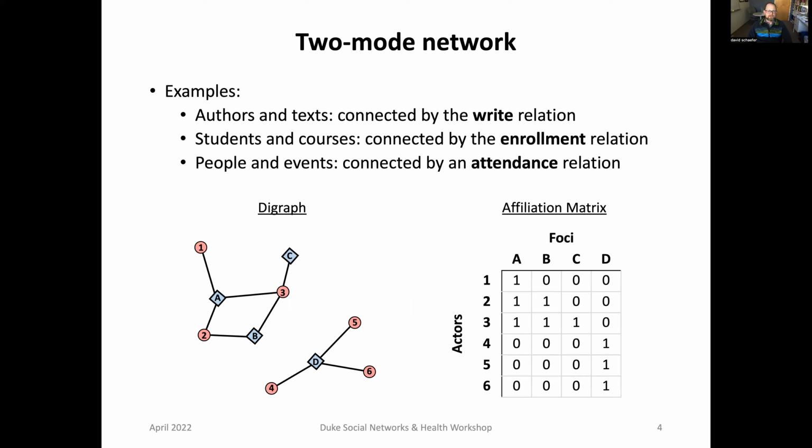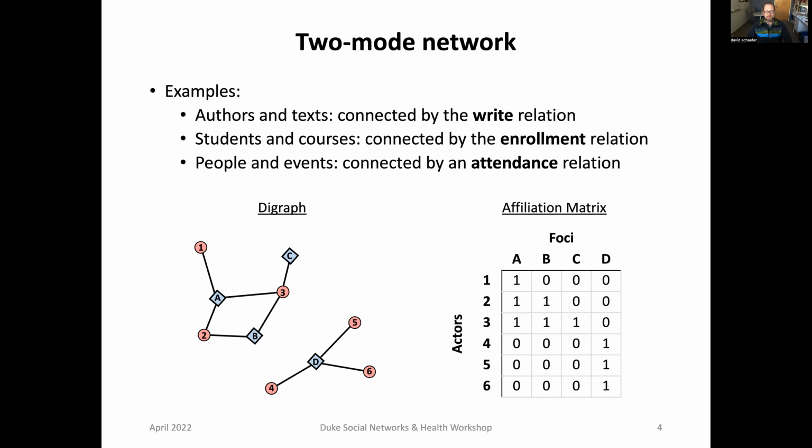This could be authors and the texts that they write, where co-authors are people who have written on the same text. This could be students and courses: students enroll in courses, so multiple students are connected to a course, and multiple courses are connected to one student.